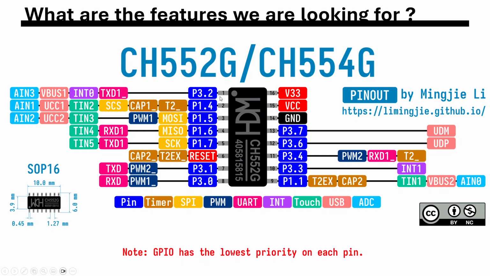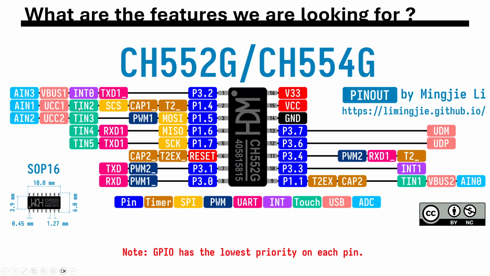Then we have a serial peripheral interface, that is the chip select, MOSI, MISO, and clock. PWM, we get 2 PWM, PWM1, PWM2, and their mirrors. UART, again 2 UARTs, TXD, RXD, TXD1, RXD1. Then our interrupts, we get 2 interrupts, 0 and 1.